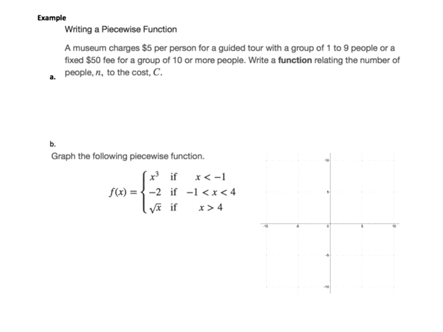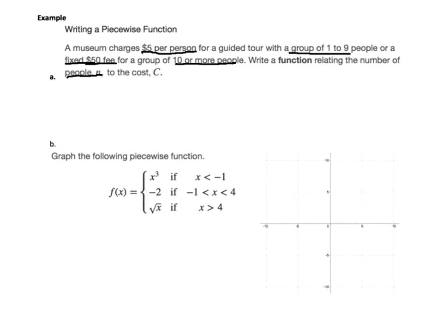Okay, so we're going to write a piecewise function, and then we're going to graph a piecewise function by hand down there. Okay, so a museum charges $5 per person for a guided tour with a group of 1 to 9 people. Or they charge a fixed flat $50 fee for 10 or more people.